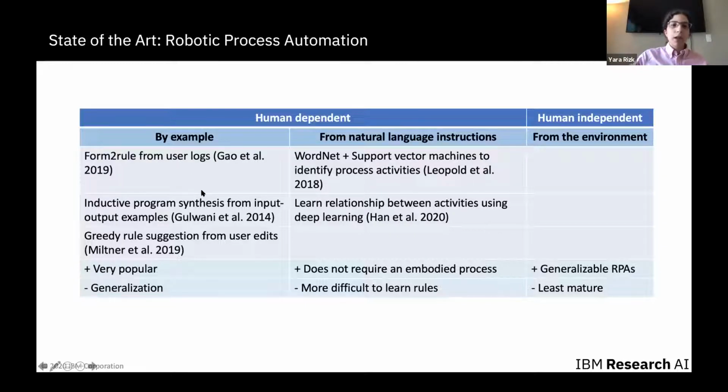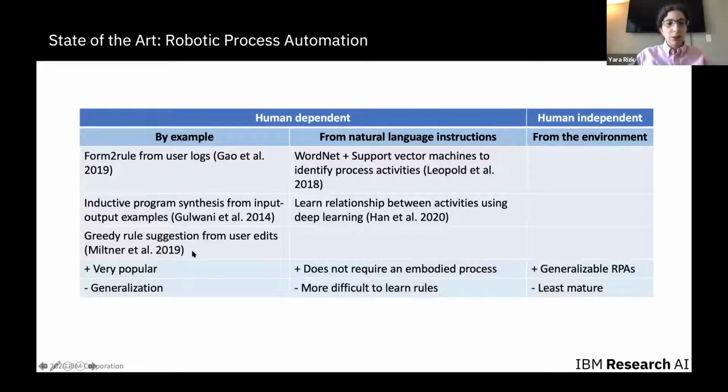By example, where humans are demonstrating in front of the RPAs how to perform a task, or the RPAs are mining the user logs or behavior logs to figure out what to do, versus trying to understand how to perform a task from natural language instructions. And then the third category, which falls into the human independent bigger realm, is learning from the environment. And we'll discuss that in a second.